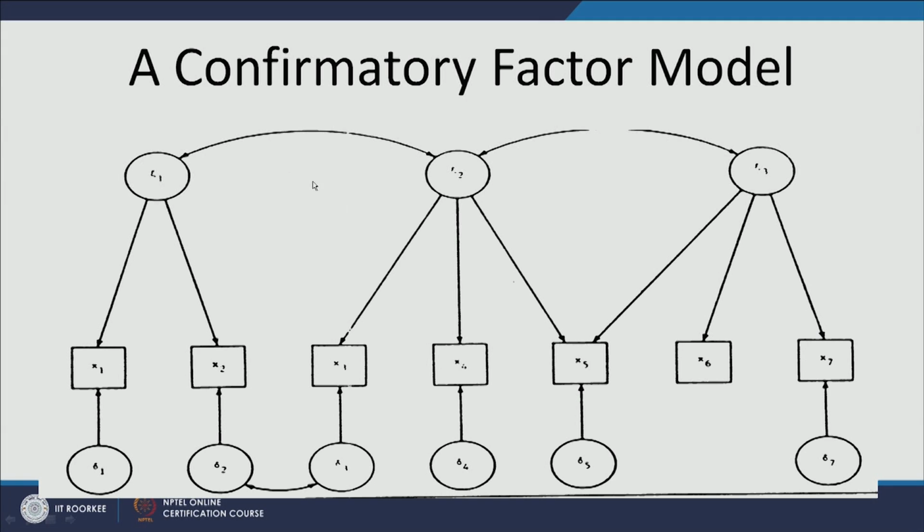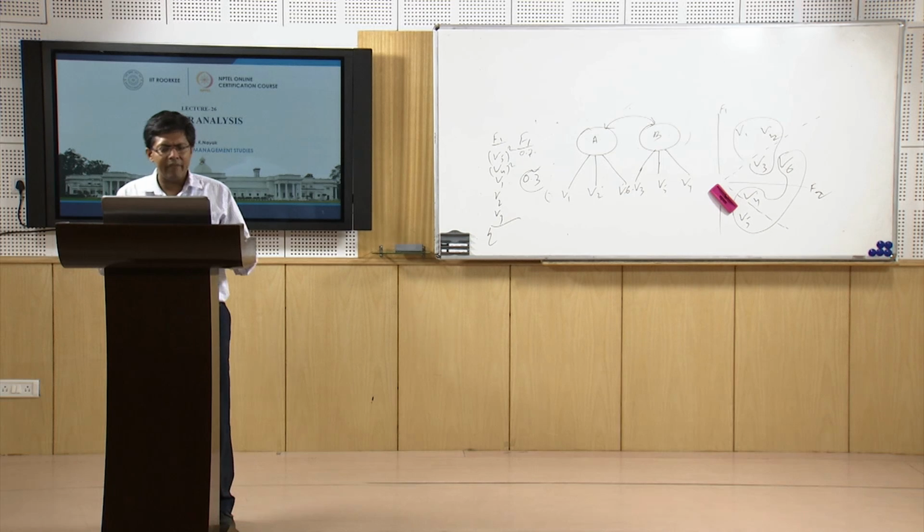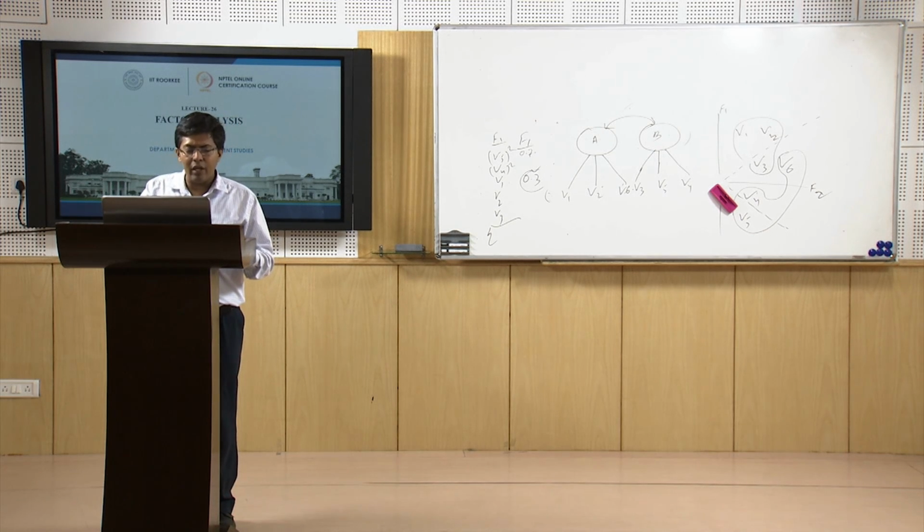Now, this is how a confirmatory factor model looks like. You can see x1, x2, x3, x4, x5, x6, x7. These relationships are very clear, and the researcher is aware of them. And these are the error terms which are taken into account. In exploratory factor analysis those errors were ignored, but in confirmatory factor analysis the errors are taken into account, and we also feel that there is a possible relationship among the residuals or the errors.